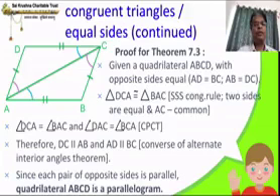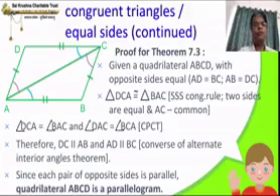So we have used two theorems, and finally we conclude, since each pair of opposite sides is parallel, which is the basic definition of a parallelogram, quadrilateral ABCD is a parallelogram. These are all very important points. You can pause the video and note down the points before moving forward.